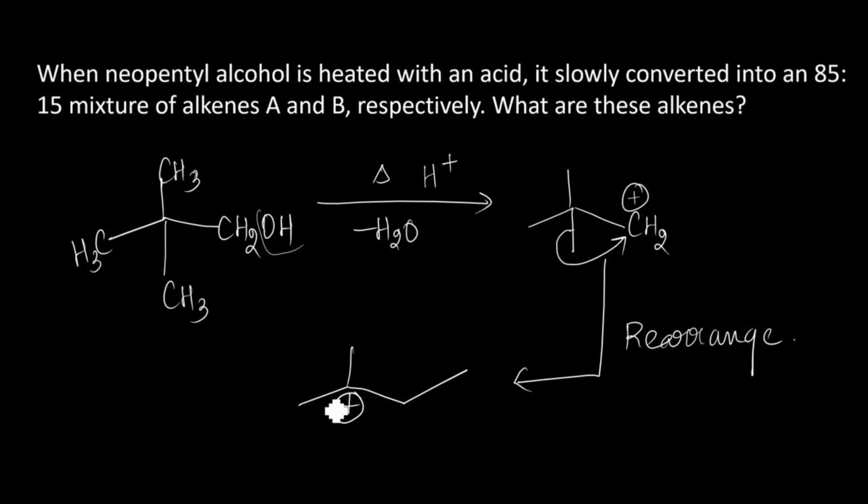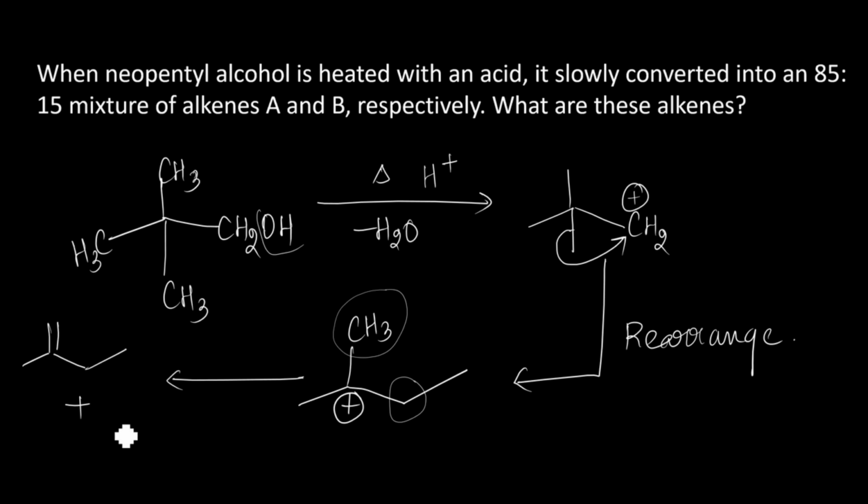After that, what can we expect? Obviously, it will produce either hydrogen can leave from this CH3 or from this CH3. So the product will be double bond with CH2, CH3, or you can expect double bond over here and CH3, right?